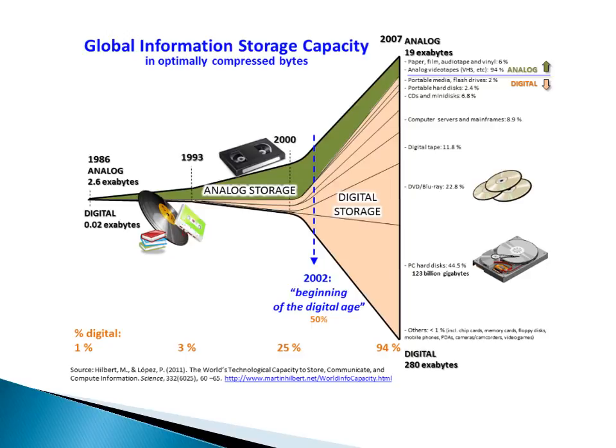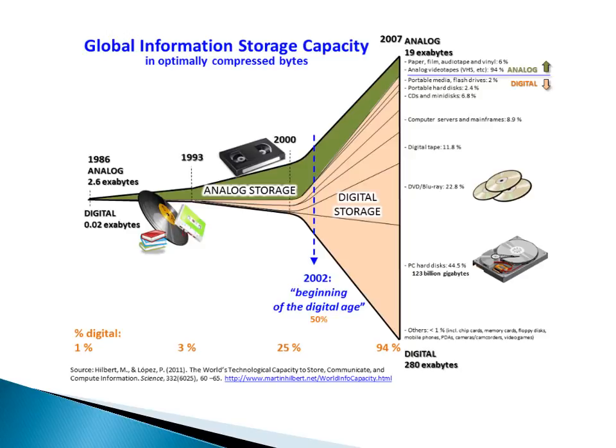We move just 2 years into the future, and this is what we call the beginning of the digital age. This is the point in time in which half of the overall information available was digital versus analog. And we start to see this graph beginning to balloon out. It's almost like a funnel that's now ballooning out. There is an explosion of data after 2002, and we can see that the digital storage has just increased substantially.